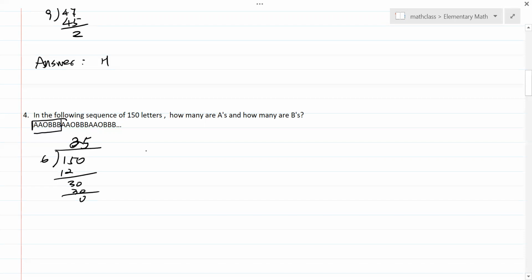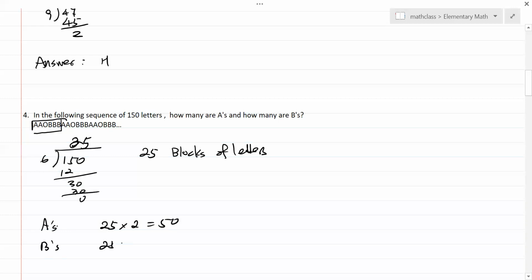So 25 blocks of letters. For letter A, each block contains 2, so it's 50. For letter B, each block contains 3, so it's 75. If there's a partial block, then you have to add a couple more, 1 or 2.